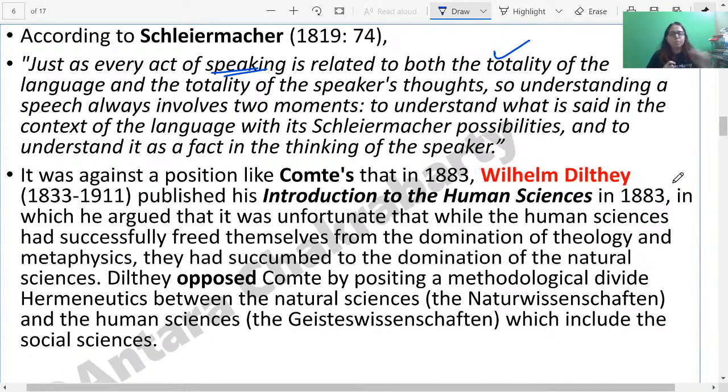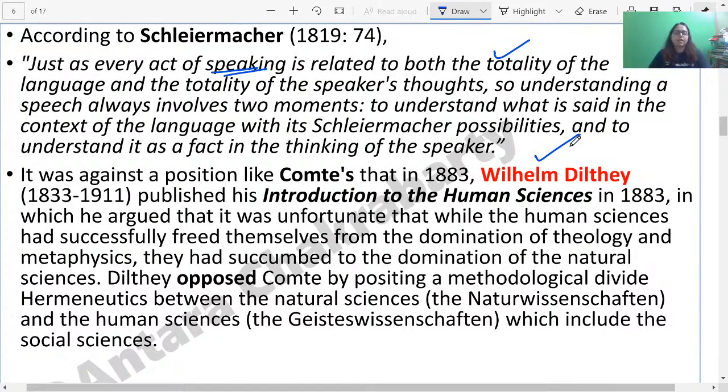Auguste Comte ने जो भी चीजें कहा था उनमें से जो भी हमारे hermeneutic thinker हैं, the second thinker that we will talk about is Wilhelm Dilthey. He says it's exactly opposite to Comte. Why? Let us see. Dilthey's most famous book, Introduction to Human Sciences, in 1883 tells us that it was unfortunate that while human sciences had successfully freed themselves from the domination of theology, फिर भी हम natural science के पीछे भाग रहे हैं.